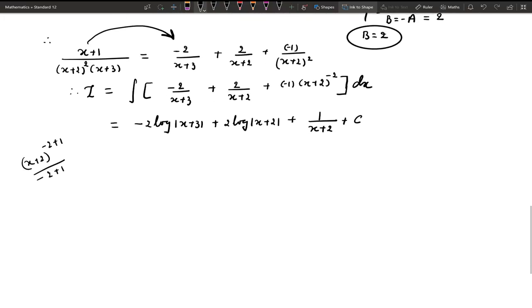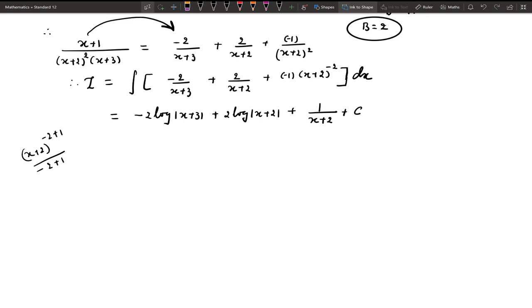Now we take another example based on the third case. Integrate x upon x square plus 1 into x plus 2, dx.